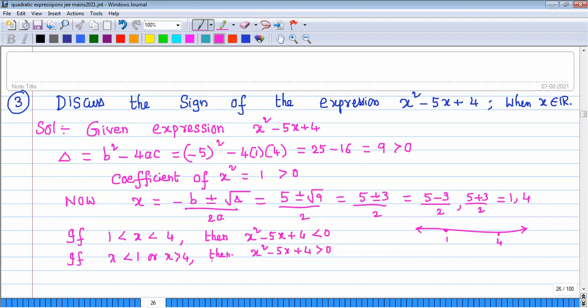Very important: when x is equal to 1 or x is equal to 4, if you put x equal to 1 it becomes 0, and if you put x equal to 4 it becomes 0. So x square minus 5x plus 4 becomes 0.